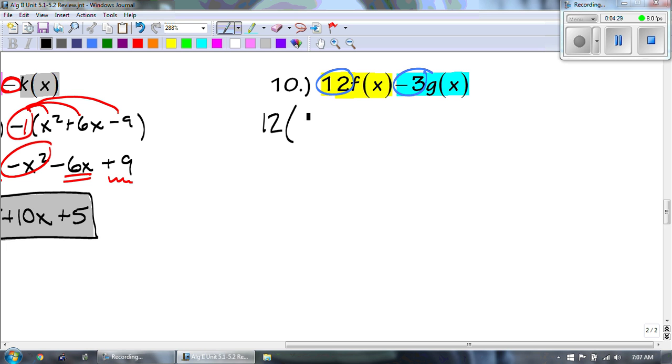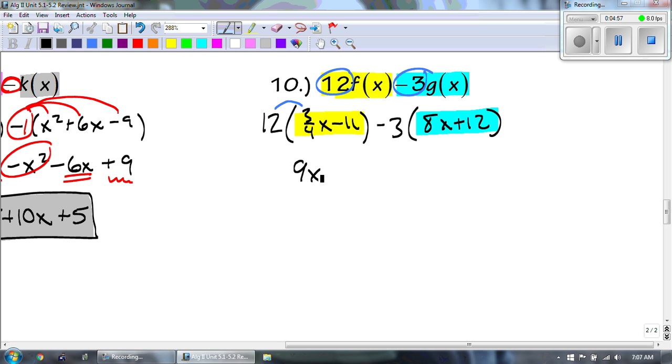So I have 12 times 3/4 x minus 11, and then -3 times g of x, which is 8x plus 12. Okay, so there's g of x, there's f of x, and we need to distribute the 12. 12 times 3 is 36. 36 divided by 4 is 9, and it's a 9x.